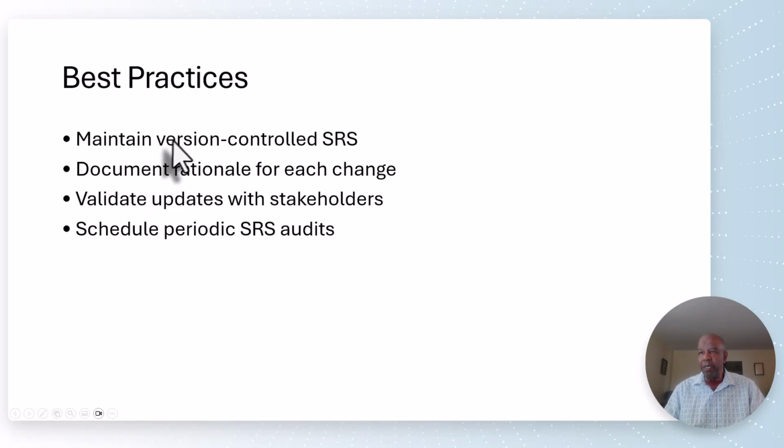Some best practices: maintain version control of the SRS, document the rationale of each change. Okay. And you'd be surprised, having this type of information and having versions is almost a must, because if you don't keep versions of your particular document, you don't have any history. You can't say, well, we made this change, but we made this change because of situation A. Okay.